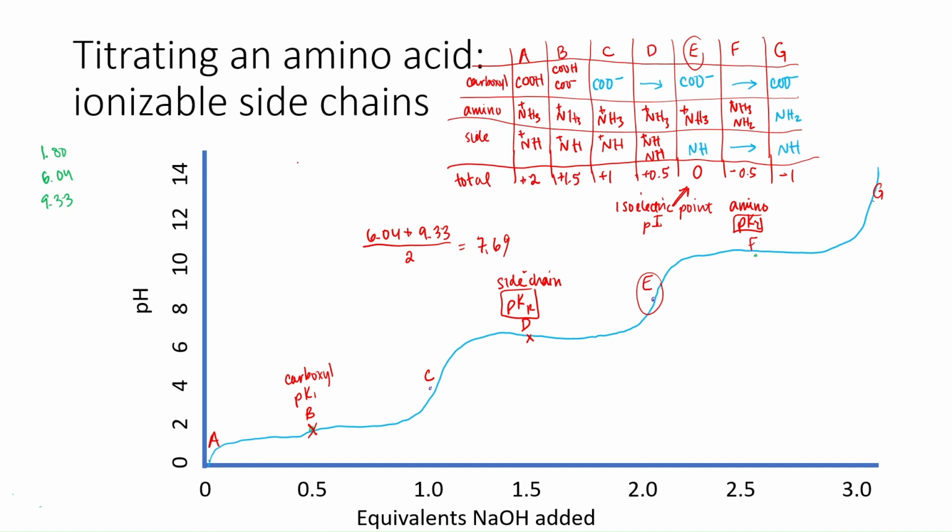So you all can check my math. And yeah, so that is our pI, the isoelectric point. It's the average of the two surrounding pKs from that point.